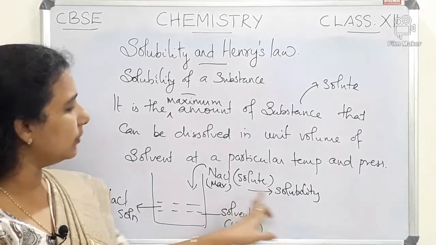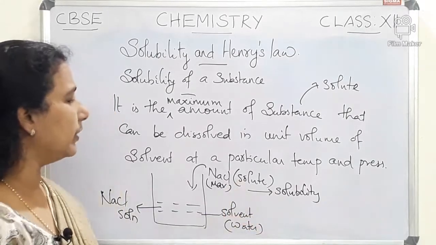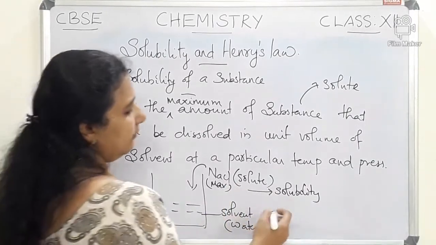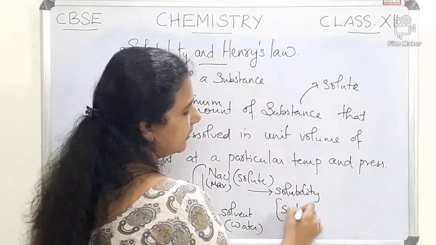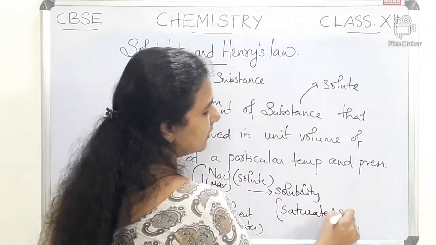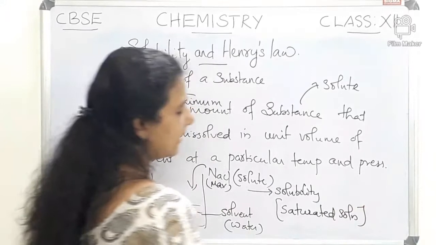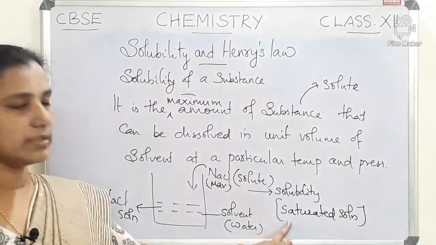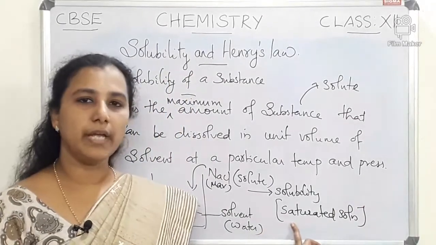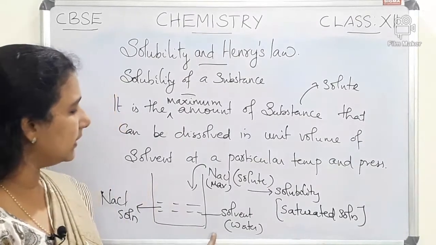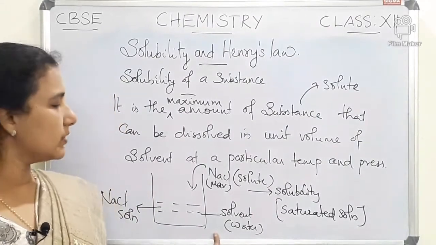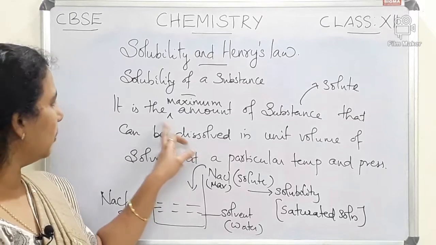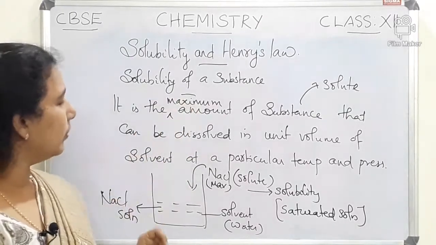Here we will get a saturated solution. What do you mean by saturated solution? In a saturated solution, no more solute can be dissolved in the solvent. That is the maximum amount of solute dissolved in this particular solvent, which is called the solubility of a substance.